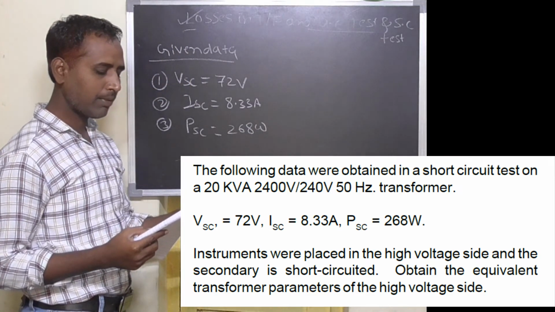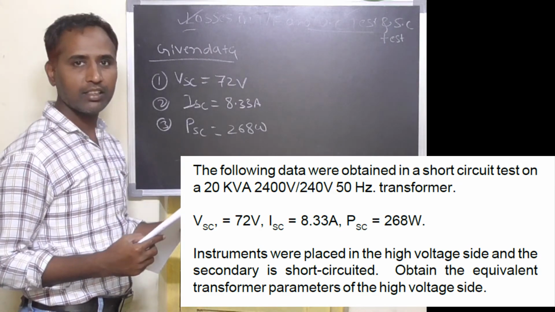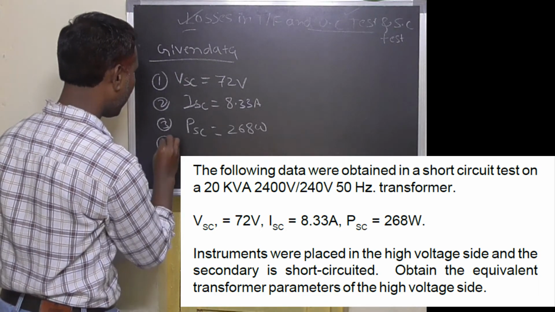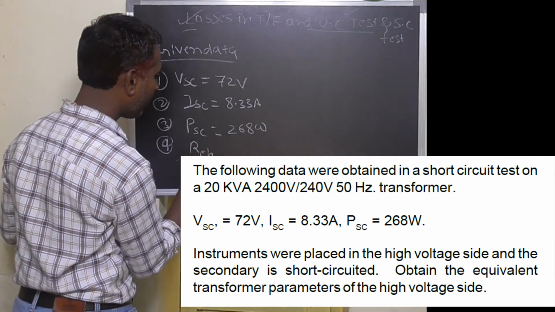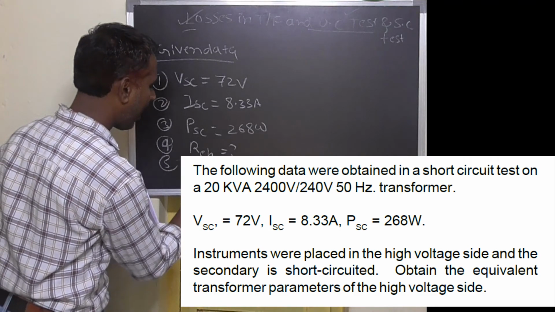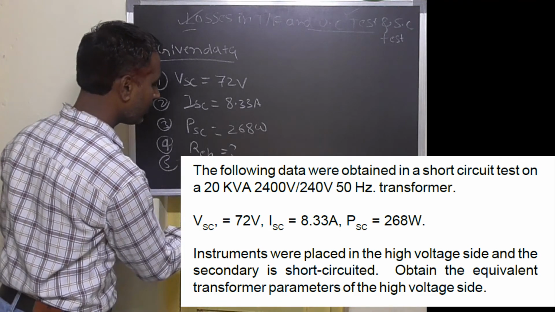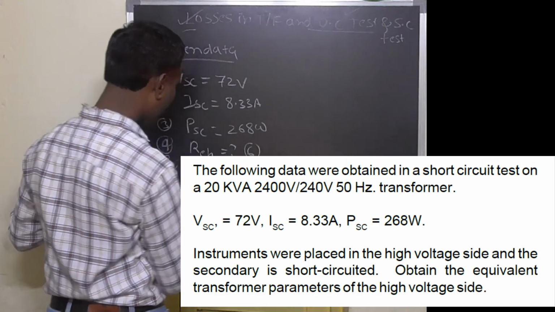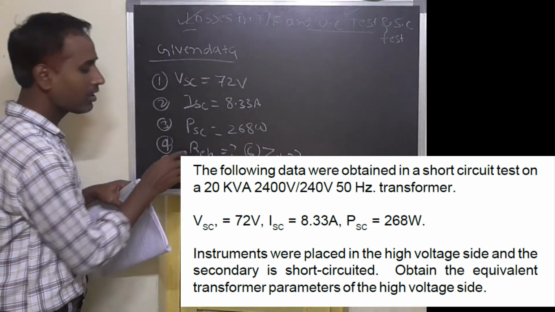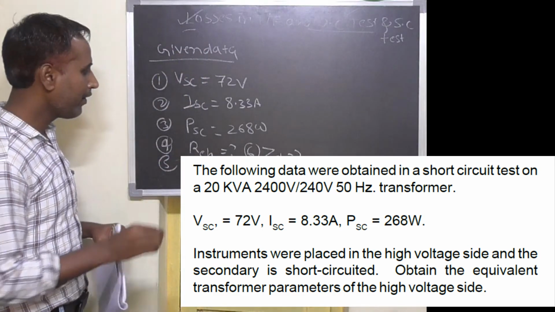What is asked here? Obtain the equivalent transformer parameters of the high voltage side. That means we have to calculate the high voltage side equivalent resistance, reactance, and impedance.